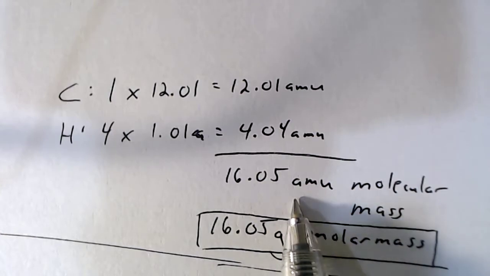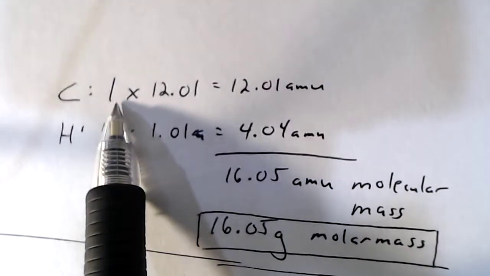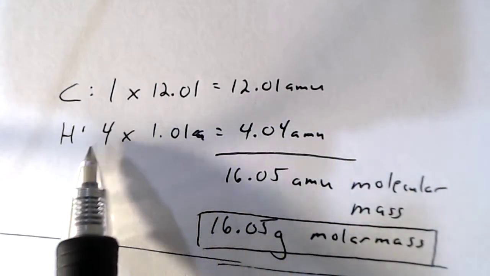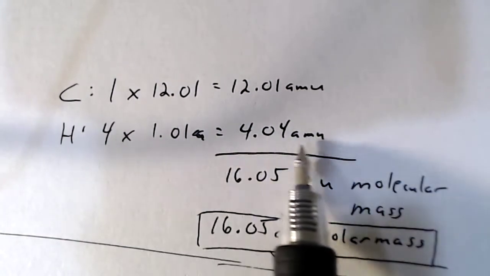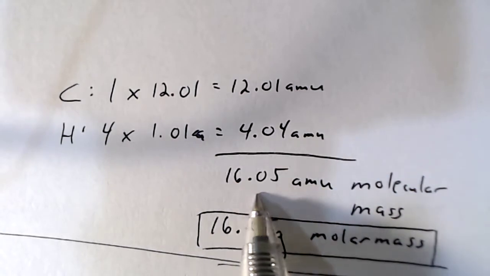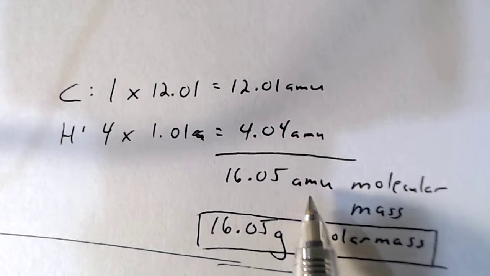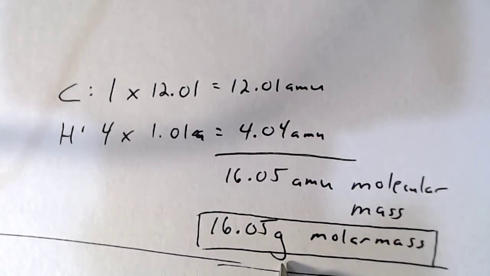So the molecular mass is just the number of atoms of each element times their atomic mass on the periodic table. And then you add those up. So this is the mass of a molecule of CH4. But if you want the mass of a mole of CH4 molecules, then it's the exact same number, 16.05 grams, not AMUs. That's the molar mass of a molecule.